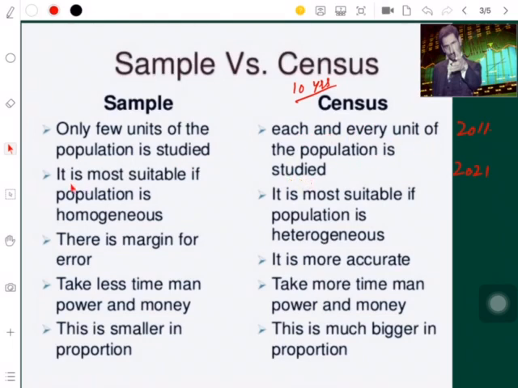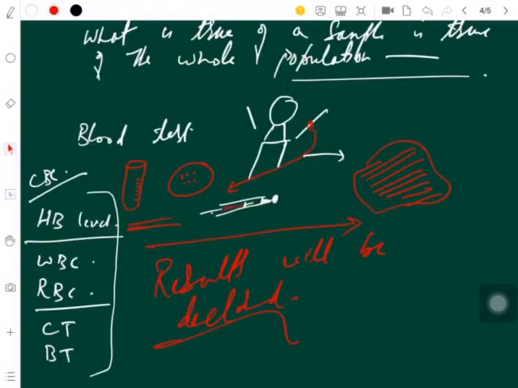The sampling method is most suitable if the population is homogeneous. Homogeneous is one word, heterogeneous is the other. What do we mean by homogeneous and heterogeneous? Let us first understand these two words.